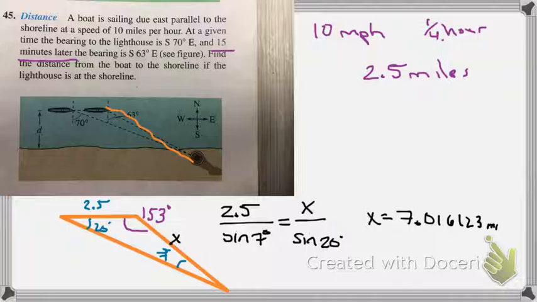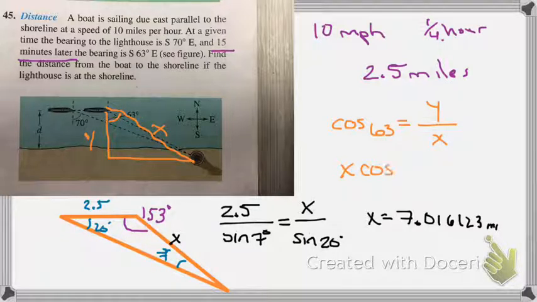And so I can see that if I'm looking for the distance to the shoreline, that's my x that I just found, and I know that this is 63. So I want to find this, which I'll call y. So I could really come over here and say that, well, that looks like cosine to me. Cosine of 63 equals y over x. So I could say x times cosine 63 equals y.